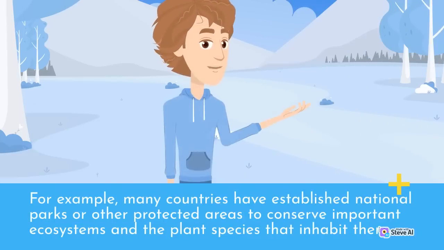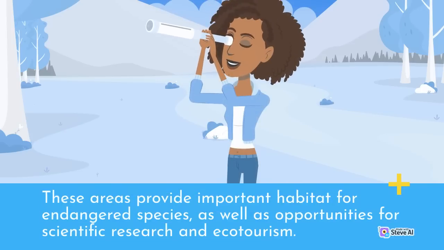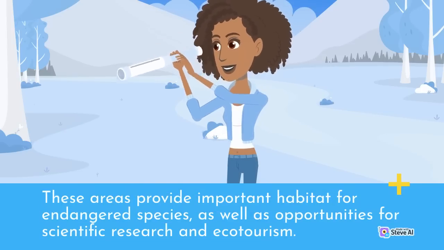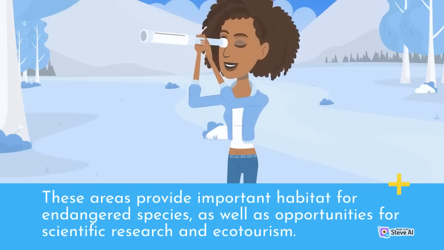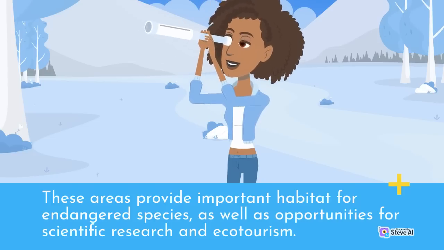For example, many countries have established national parks or other protected areas to conserve important ecosystems and the plant species that inhabit them. These areas provide important habitat for endangered species, as well as opportunities for scientific research and ecotourism.